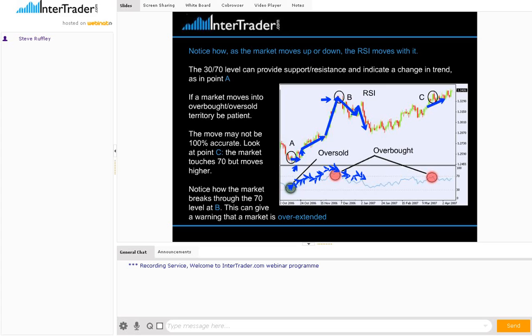So again, it's like saying, right, well, we don't know anything to the right of this line, but we know that the market is going to bring the RSI up, hopefully, because we're just coming out of that oversold territory. And then we wait for the market to come up, but it's not really till here, till we get the overbought territory, that we could get out for a maximum profit. So it's trying to use the RSI for your entry and exit, because remember, it's lagging.